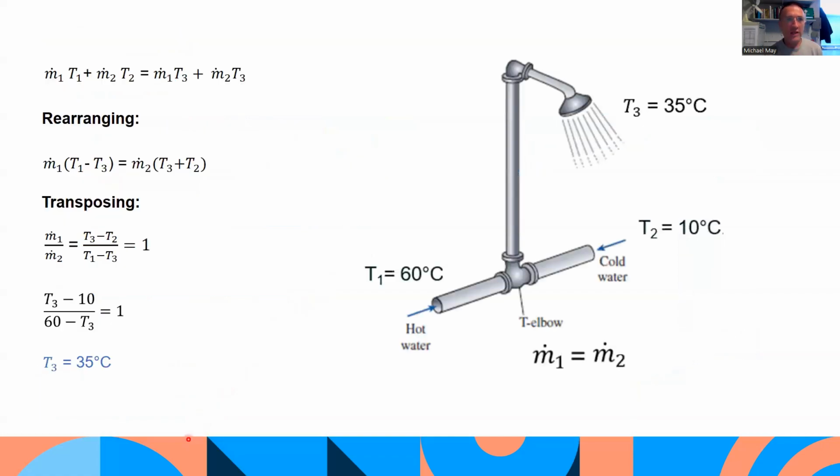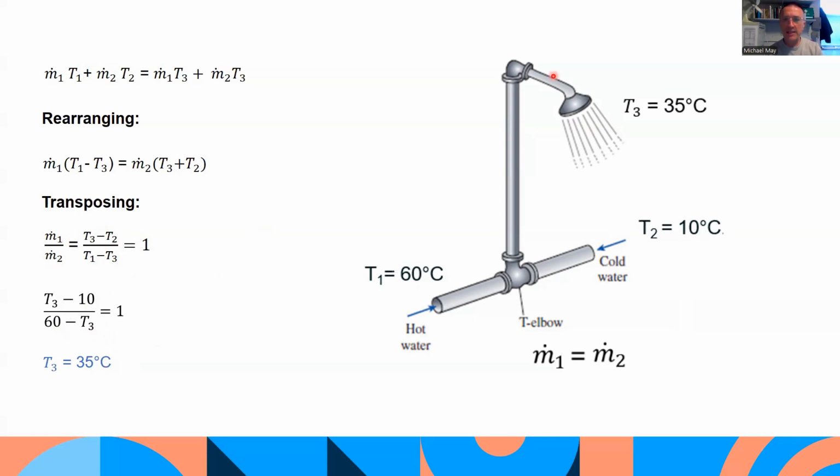Now, if we rearrange to get m.1 on one side and m.2 on the other side, and transpose it to get the ratio m.1 over m.2, which equals 1, we can express it in terms of the temperatures that we're dealing with. So we plug the values in for T2 and T1, and then when we rearrange it and work it out, T3 works out to be 35 degrees Celsius.